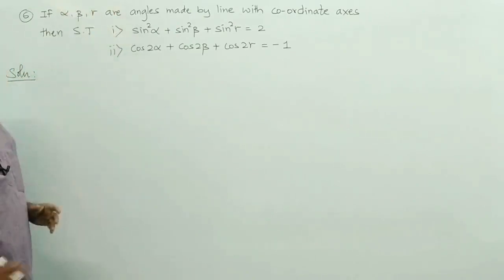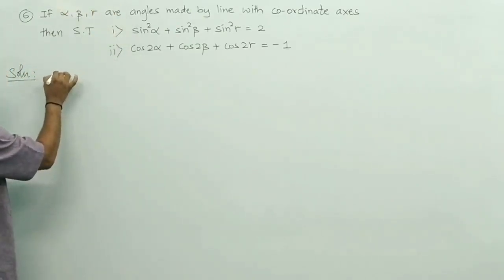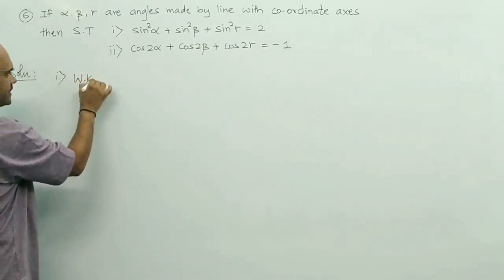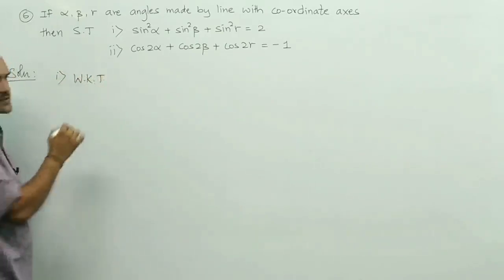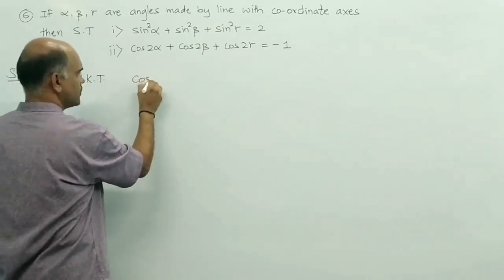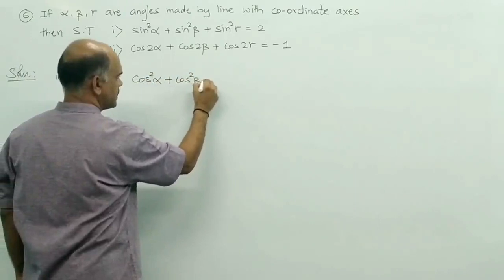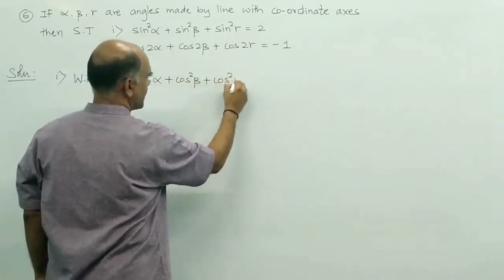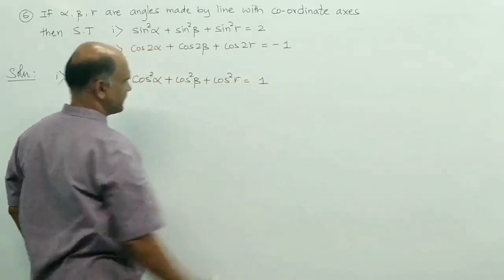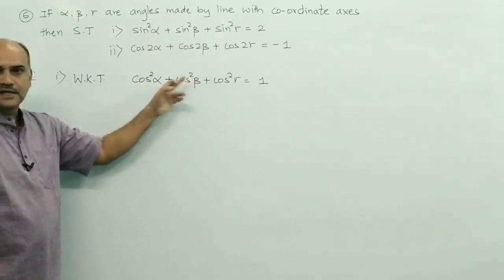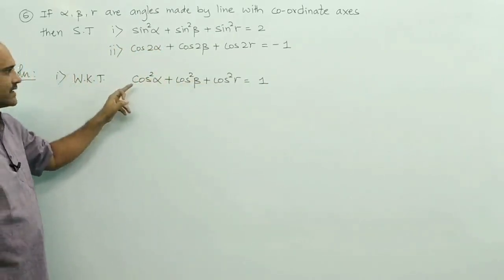If I take the first one, the solution: we know the relation between direction cosines, that is cos square alpha plus cos square beta plus cos square gamma is equal to 1. Now convert these cos into sin by using the identity.